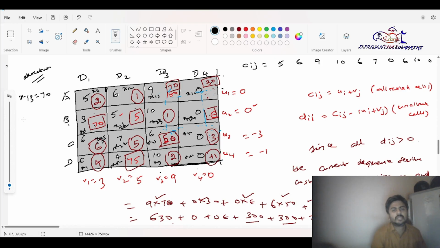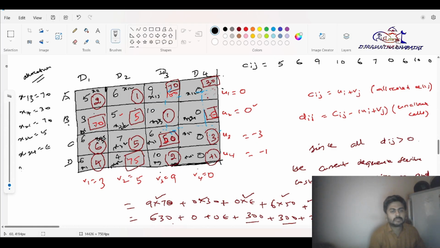So x13 equal to 70. These are allocations. Then x14 equal to 30. Then x21 equal to 70. Then x22 equal to 5. Then x24 equal to epsilon, artificial allocation.